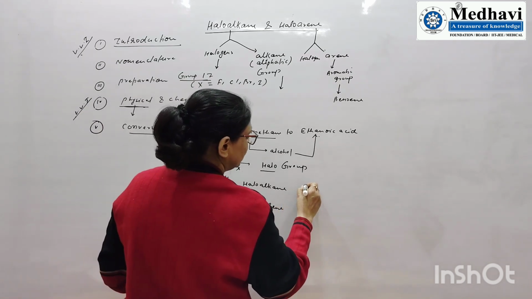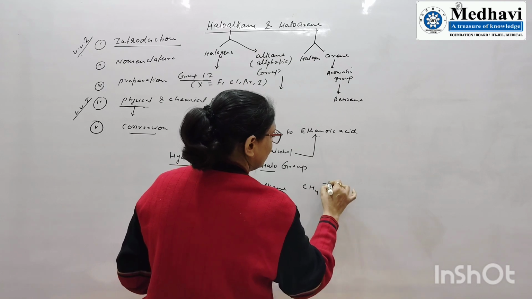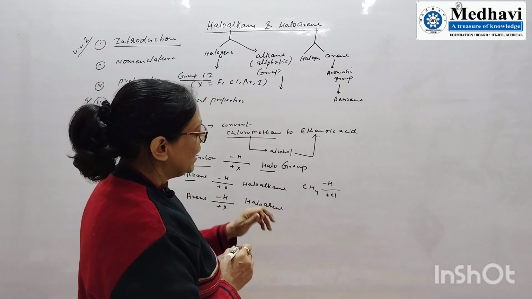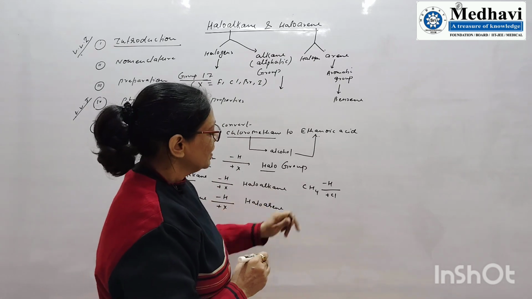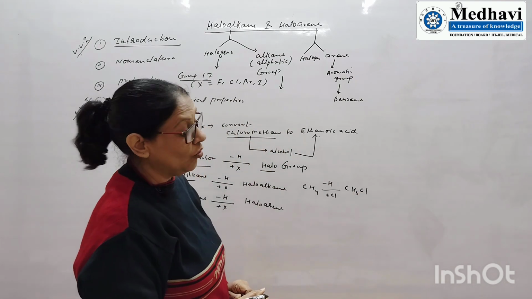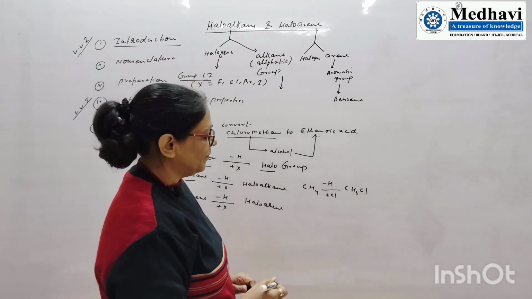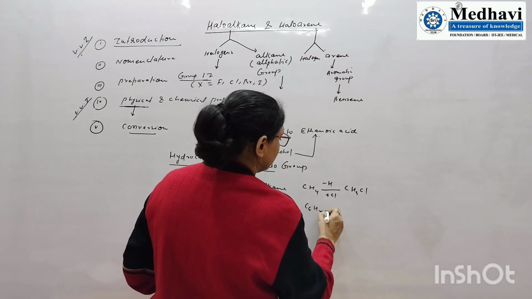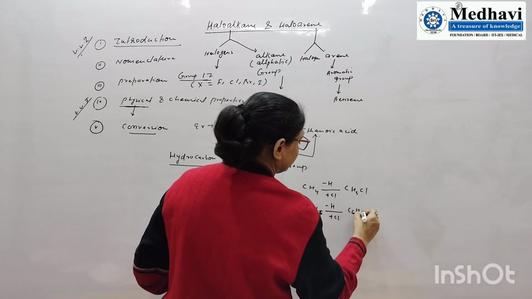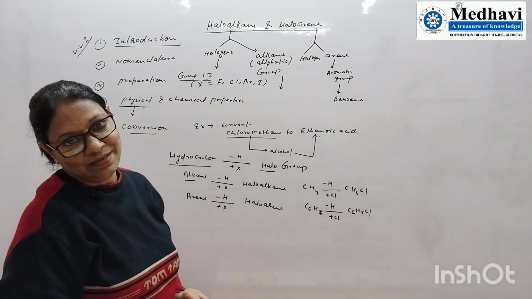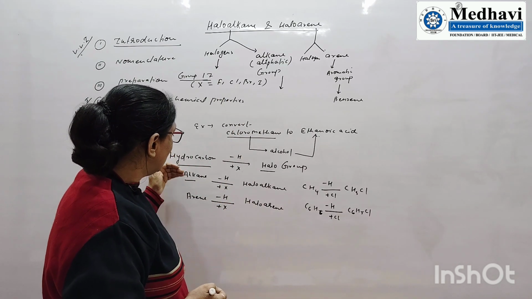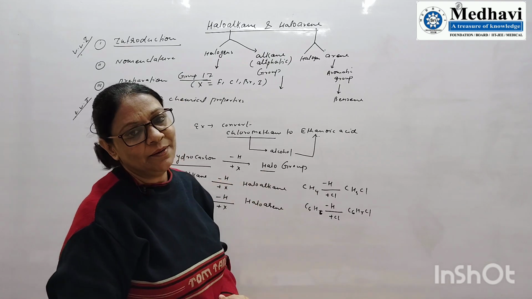For example, this is CH4, methane. If you remove hydrogen and add a chloro group, halogens meaning chloro, fluoro, bromo. In the book X is mentioned, so don't get confused. Here chloro, then it becomes CH3Cl. This is called chloromethane or haloalkane. Here C6H6, you remove hydrogen and add Cl, then it becomes C6H5Cl. This is chlorobenzene. So in this way we can prepare haloalkane from aliphatic and introduce the halo group into aromatic.